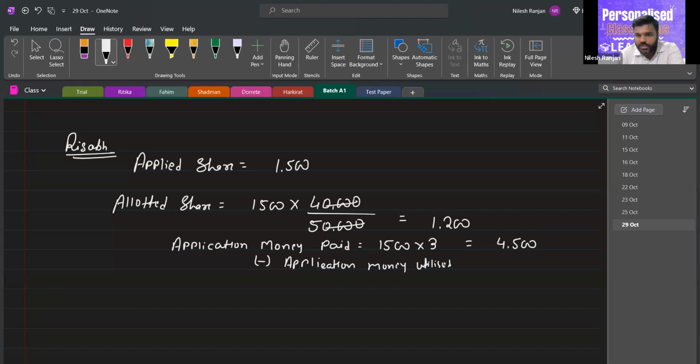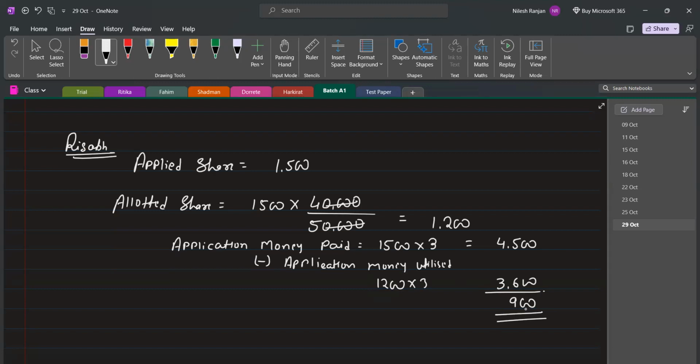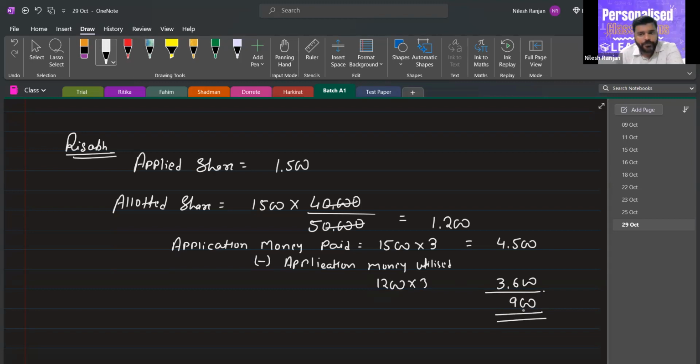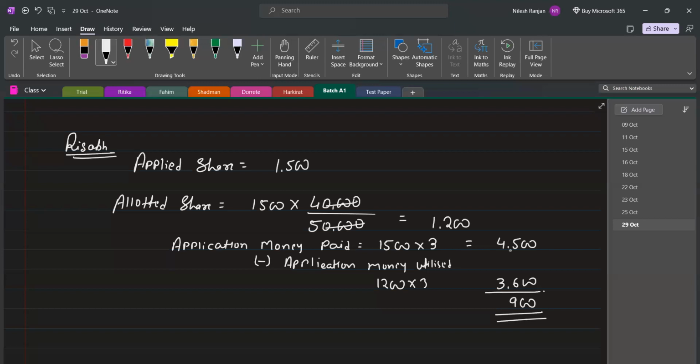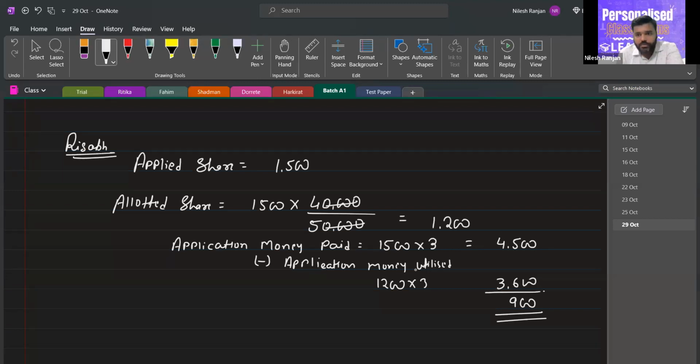How much has the company utilized? So 1200 into 3, so 3600. Because he paid 4500 on application, but he got only 1200 shares. That's why total money utilized from his application money is 3600. So the balance 900 is his excess application money, and this will be utilized in allotment.